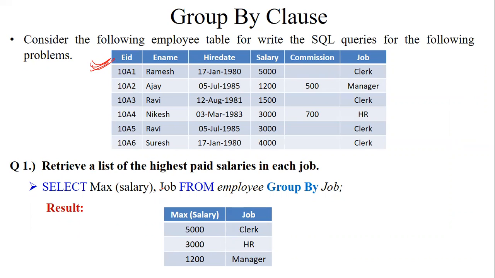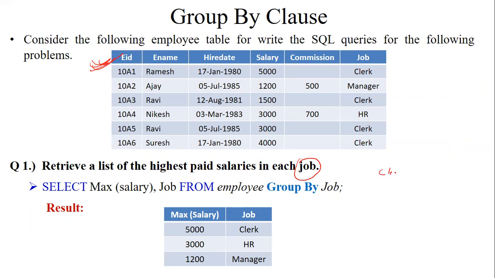Just retrieve a list of the highest paid salaries in each job. So we have to identify the maximum salary according to the job. Here this is a table. You can see in the job we have clerk. There are 3 clerks, and then we have to identify the salary according to the job.